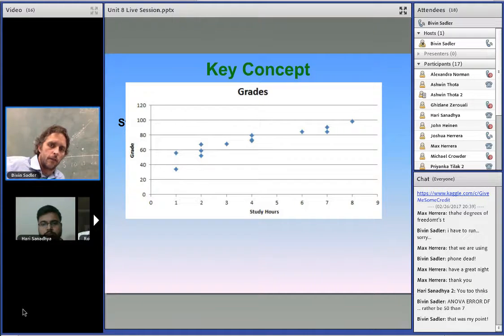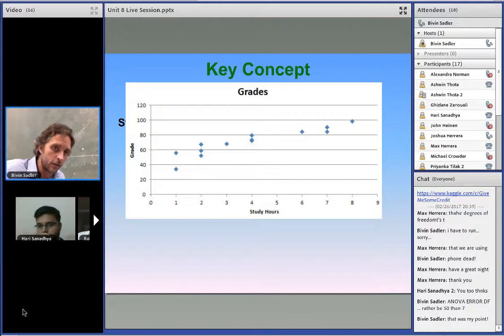It doesn't mean that it's causing it, and that's the other thing: remember, correlation is not causation. It's just saying that as study hours go up, it looks like with this sample from this population that the trend of grades is increasing.